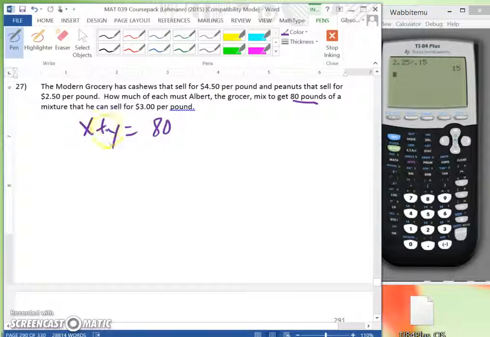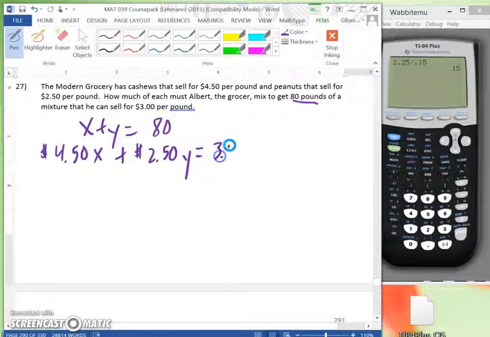Now we know that cashews cost $4.50. So we'll make x our cashews, and our peanuts would be y, which would be $2.50. Now, we're told that he sells 80 pounds for $3. So we'll take $3 times 80.